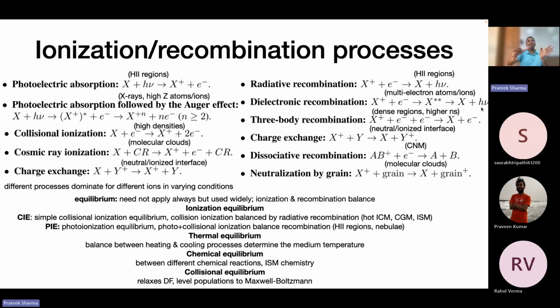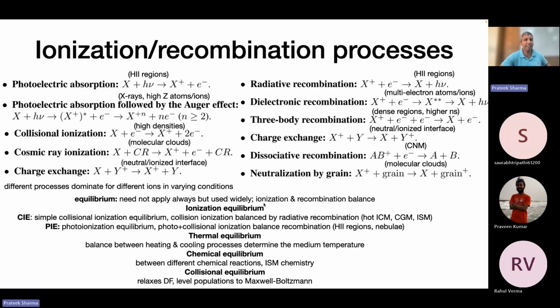In this excited state, you can have two electrons or more than two electrons in the excited state, and one of those two can have a de-excitation and produce a photon. So these are some of these processes.